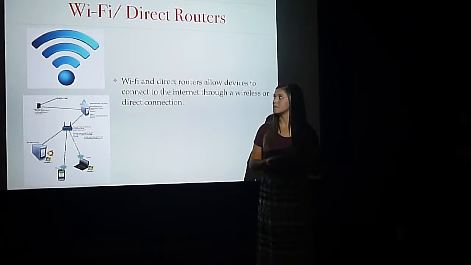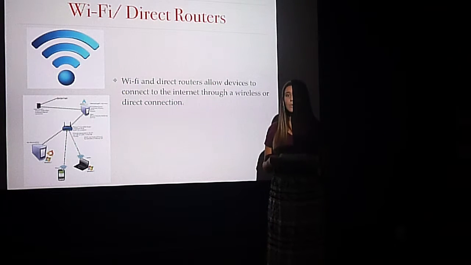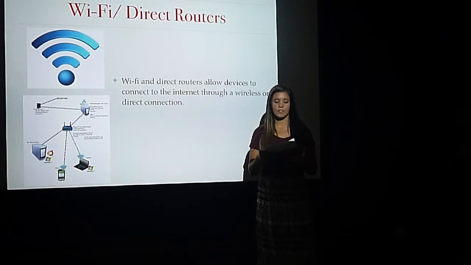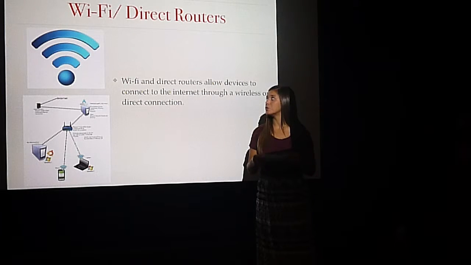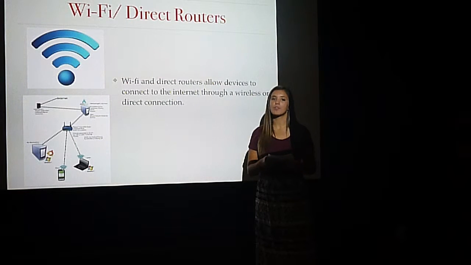It's most commonly seen at the top of a smartphone. It is a wireless connection that connects devices such as laptops, smartphones, smartboards, tablets, etc. to the internet. And a direct router is a cord that connects directly from a routing device to the device that you would like connected to the internet through a cable port.